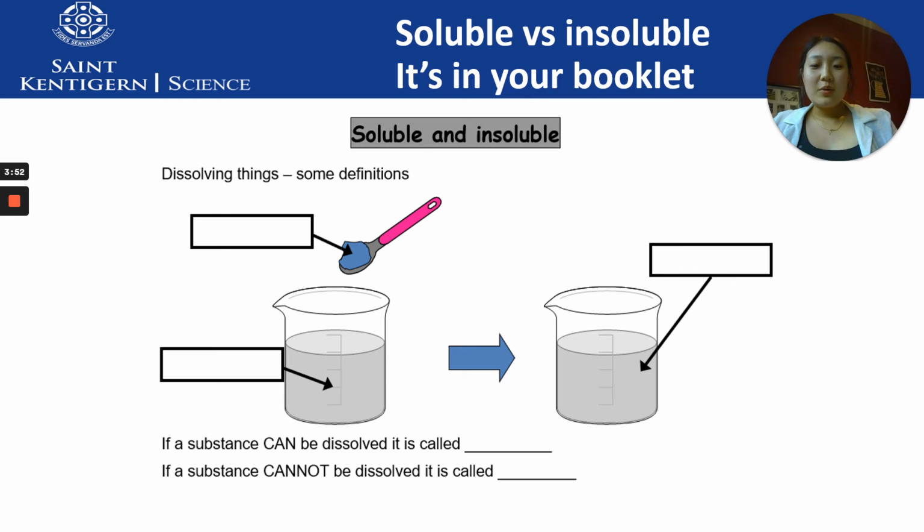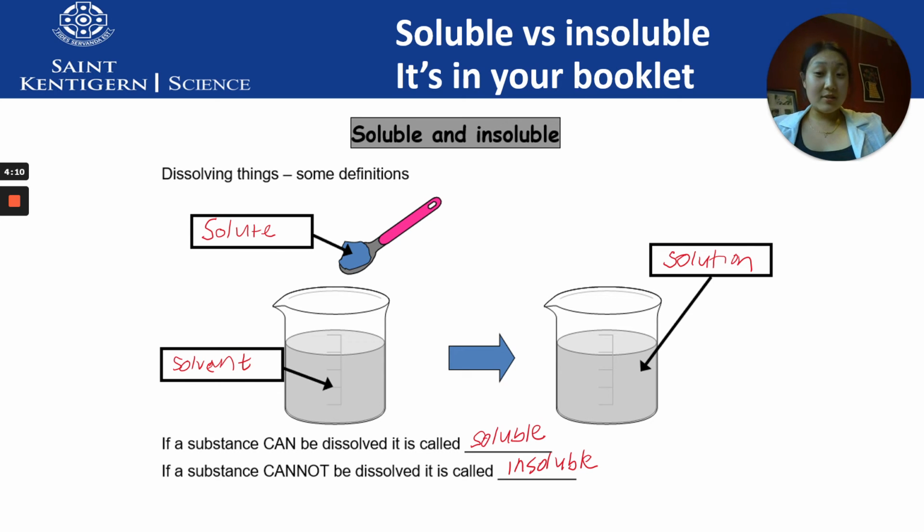This is in your booklet if you have it with you. You can pause this video and try to fill in the blanks. We're adding this blue powder substance, which is the solute, and the liquid in the beaker is the solvent.